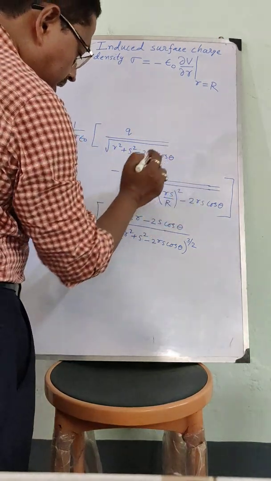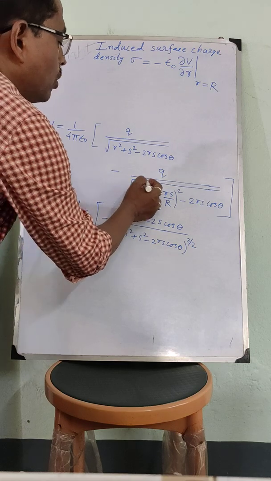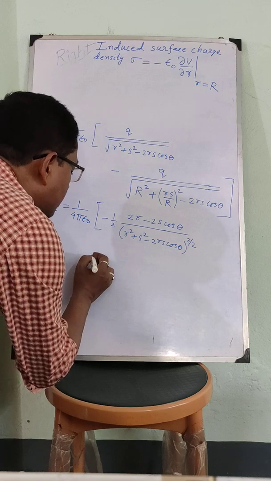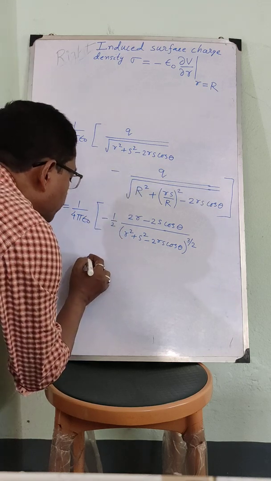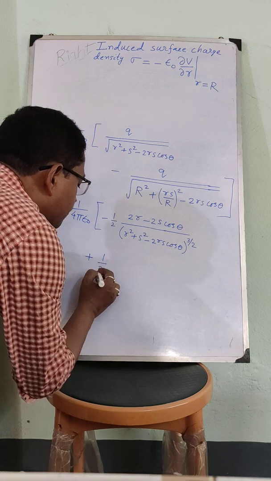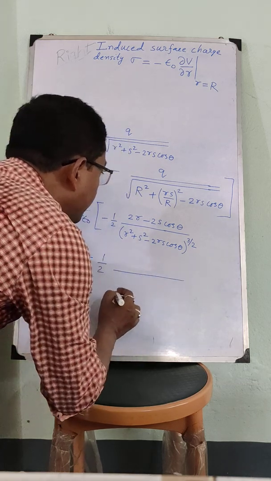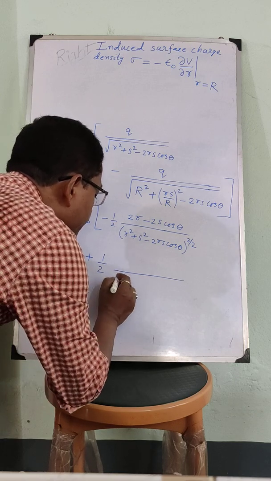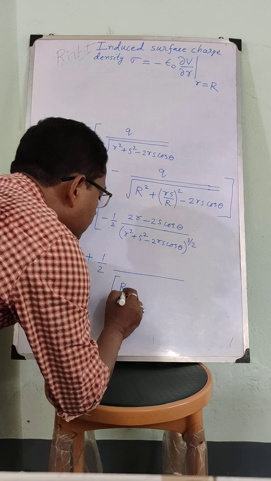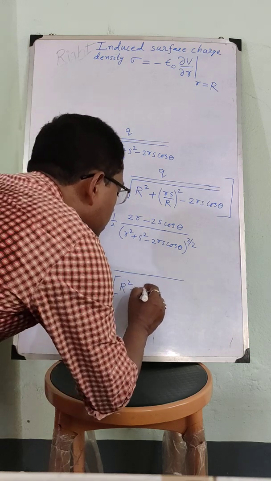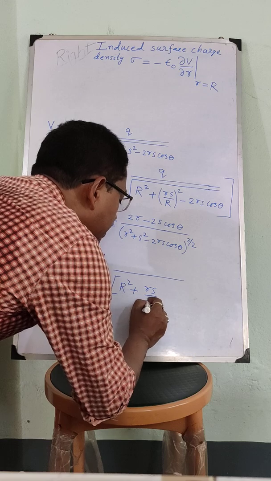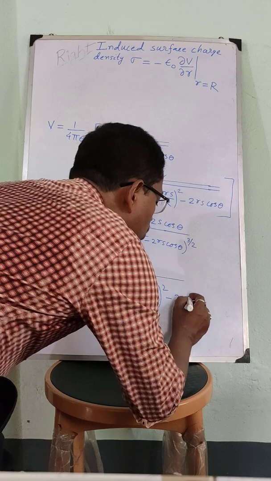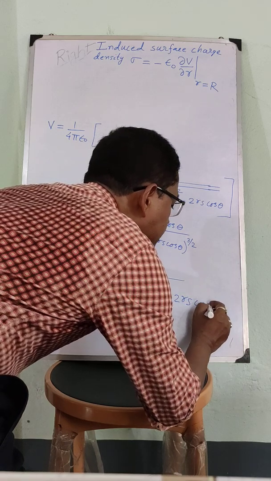Now I will differentiate this term. So here also we have a root in the denominator. And here we have a minus sign, so this minus and that minus make it plus. So plus half, in the denominator we will have r square plus rs by capital R whole square minus 2rs cos theta.